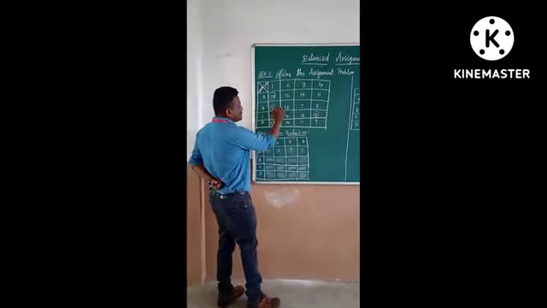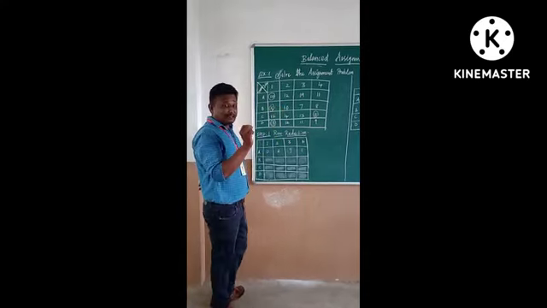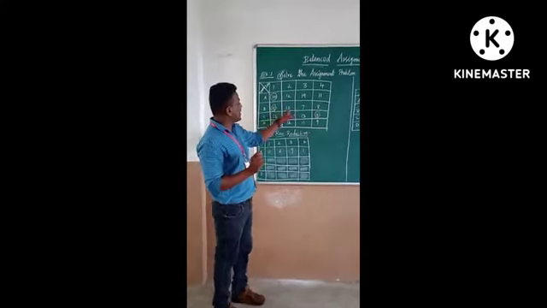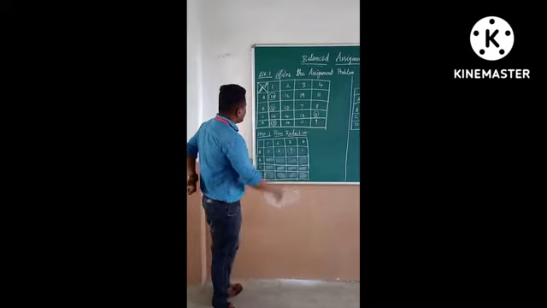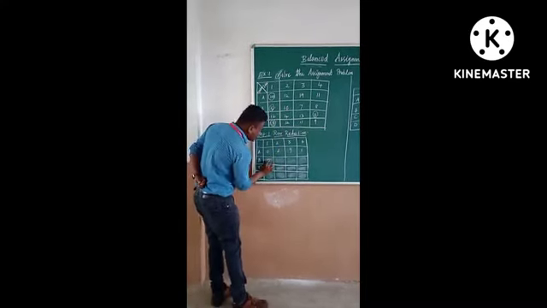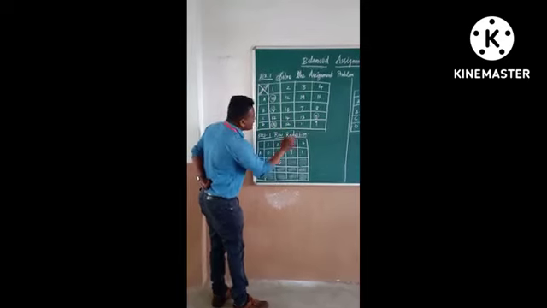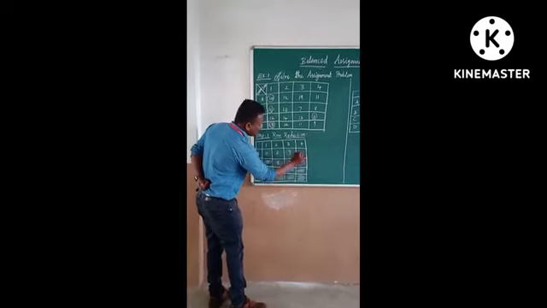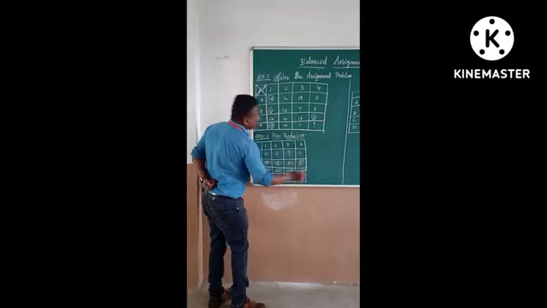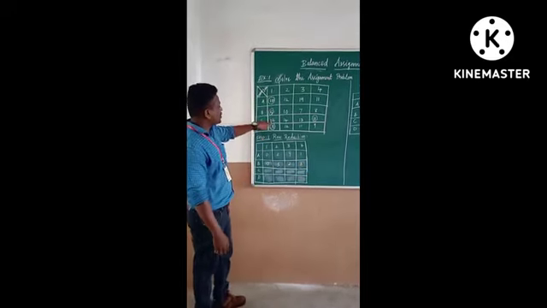I think 5 is the minimum entry, so that element has to be subtracted from all other entries in the second row. Now 5 minus 5 is 0, 10 minus 5 is 5, 7 minus 5 is 2, 8 minus 5 is 3. Let us move to the third row.